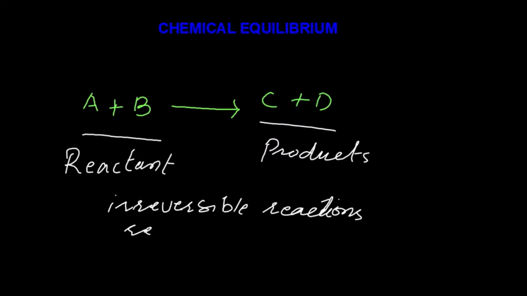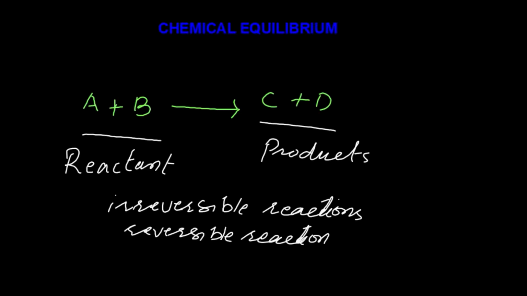So, based upon the tendency of a reaction to be reversed or not, we have two types of reactions: irreversible reactions as well as reversible reactions. Now students, we will study in detail about both types of reactions.